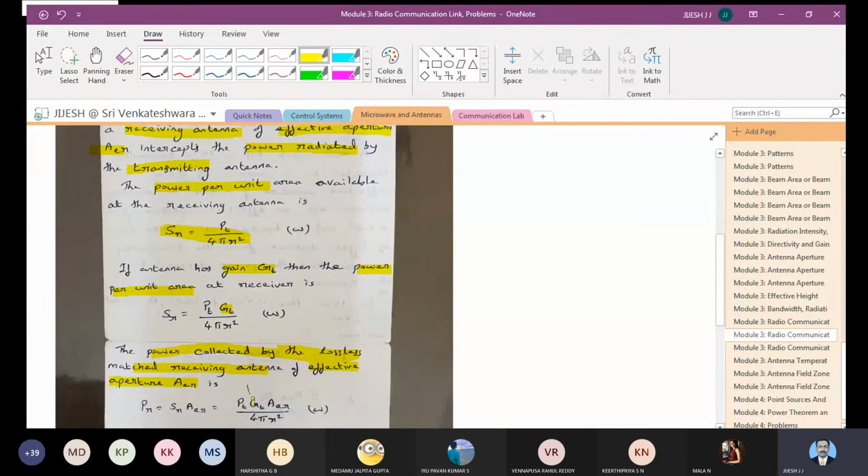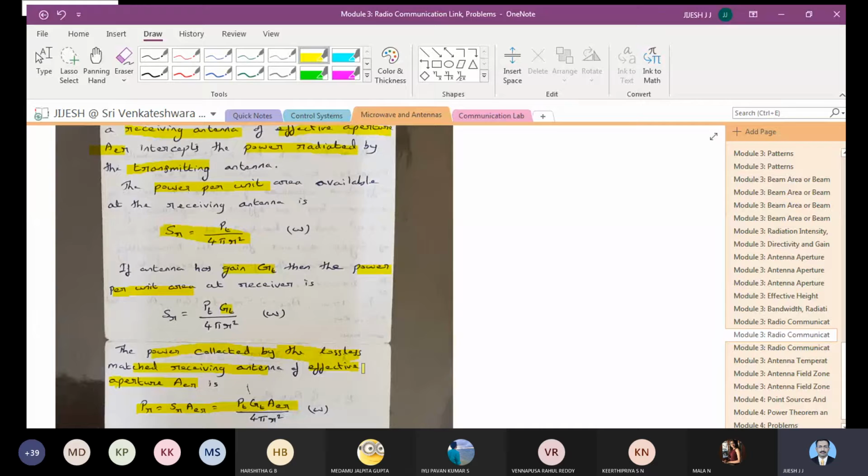So what we have done till here: the received power notation is PR. PR can be written with respect to the antenna aperture as well, that is the effective aperture of an antenna AER. What is the power you are going to receive at the receiver end?